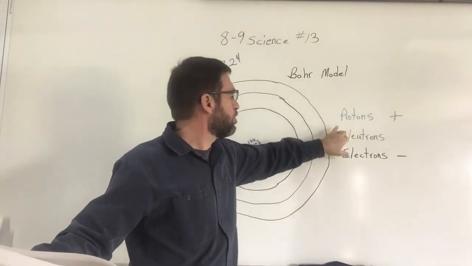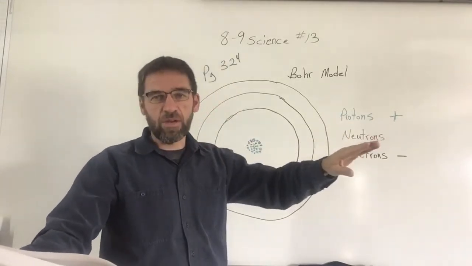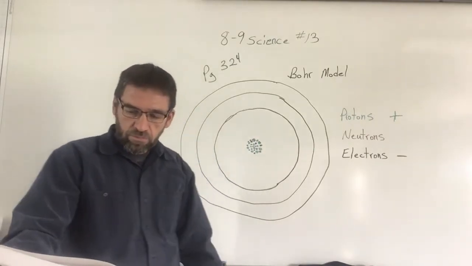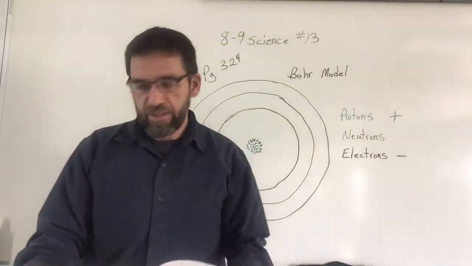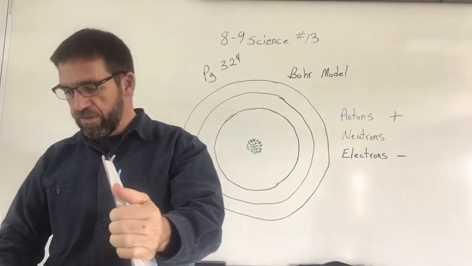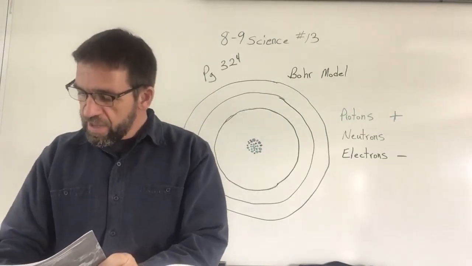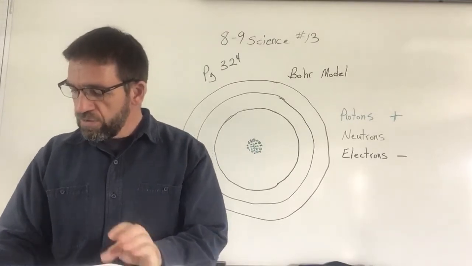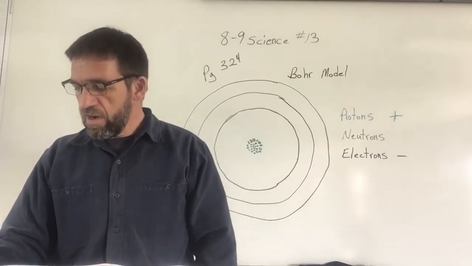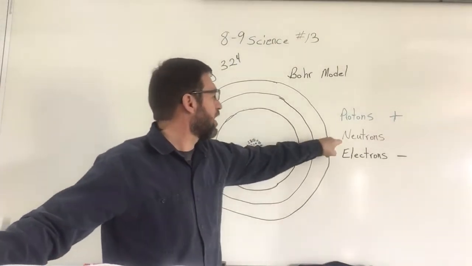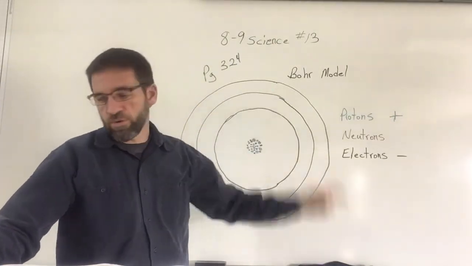Sometimes the protons, the neutrons, and the electrons will all be the same number, but sometimes they'll be different. That was just a little extra. Hopefully you understand. Isotopes, E, means atoms with the same number of protons but different number of neutrons. Isotope is when you have a different number of neutrons than you do protons.